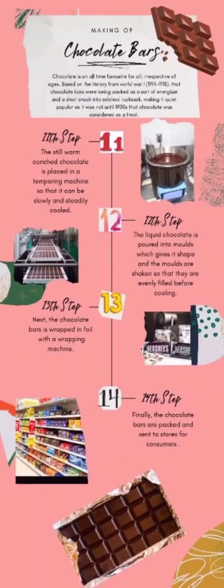So the next process is the cooling process. The liquid chocolate is poured into molds which give it shape, and the molds must be evenly filled before cooling. After the tempering of chocolate followed by cooling, the thickened chocolate mass is poured into molds for subsequent hardening.